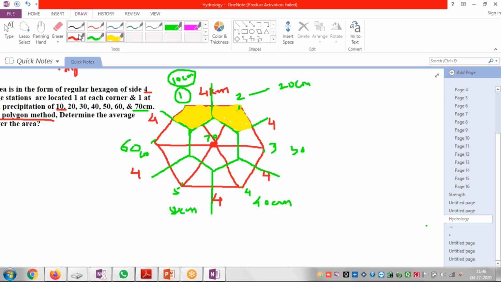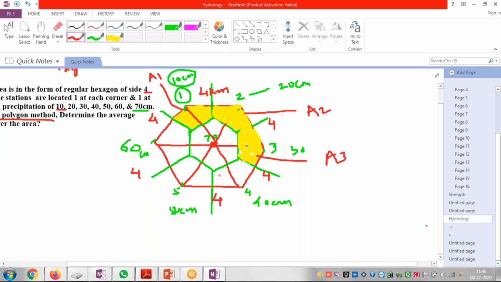So I will say this is area 1, right? And this is area 2. Similarly, see, this one will be the third area, right? This one will be area 3, and likewise this one will be area A4.